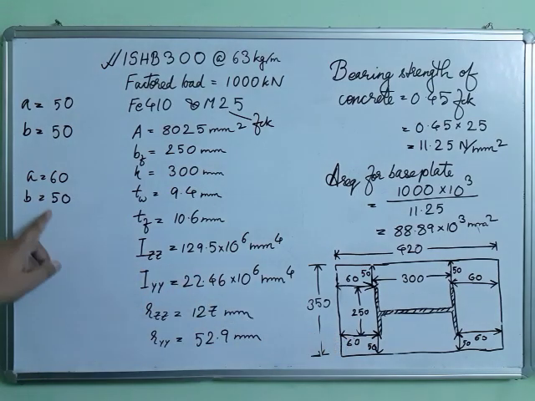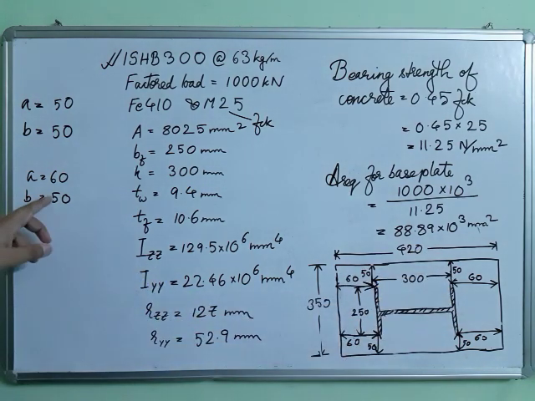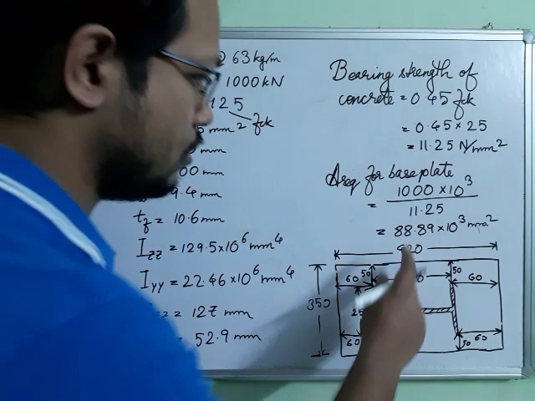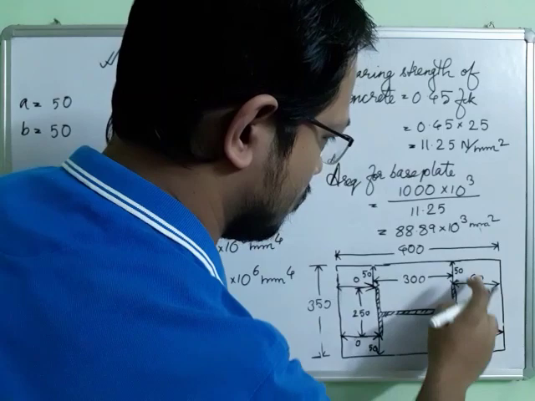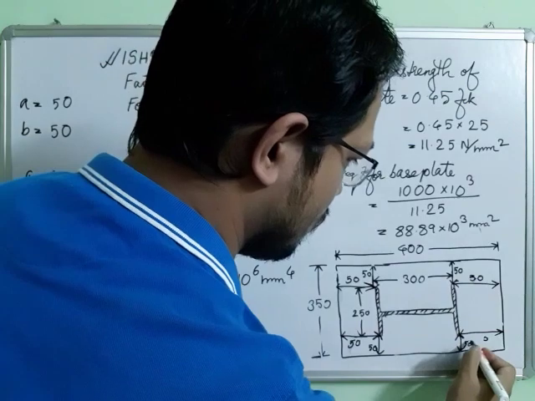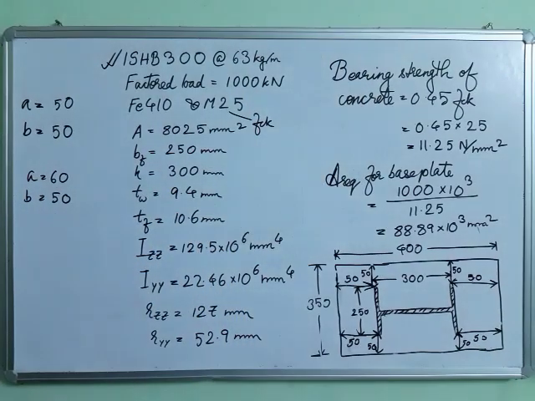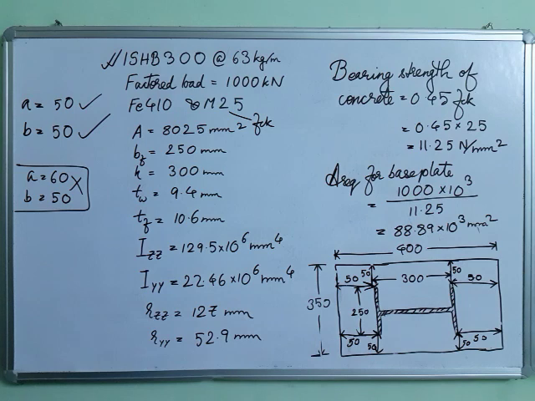So the longer value would be A and the smaller value would be B. But in our case it is 400, so both are equal. So both are 50. Now we are done with this part.